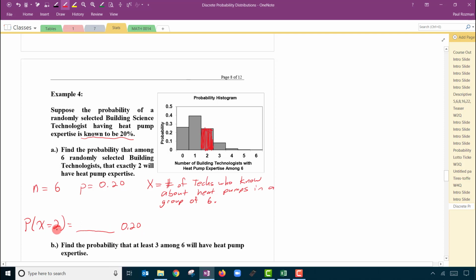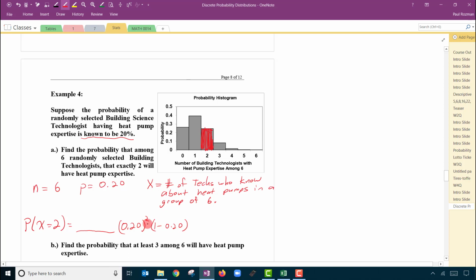So there's a 20% times a 20% chance using the multiplication rule. And then if there's a 20% chance that someone knows something about heat pumps, well, then there's an 80% chance that they don't. 1 minus 20, the complement.